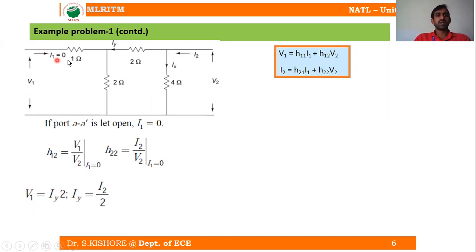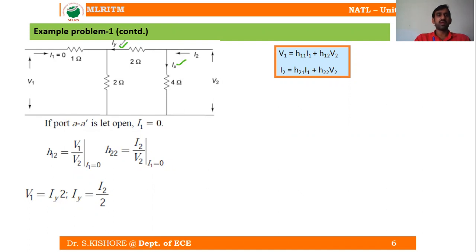Here I1 is equal to 0. Here V2, I2 is there. But this is not a series network, so we can't say the current is I2 over here also. That's why I am mentioning here the current in this branch is IY and the current in this branch is IX, as the division of the current from I2.